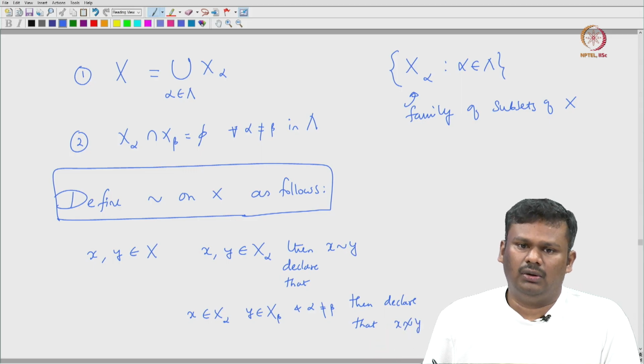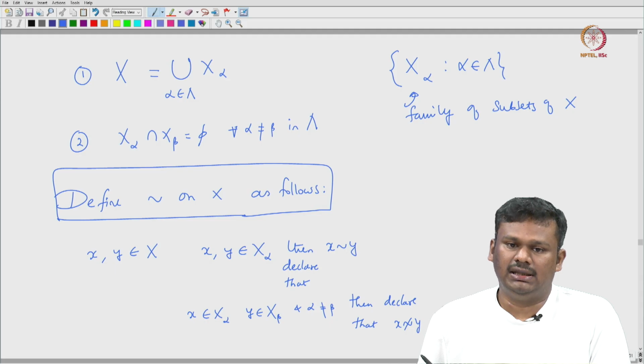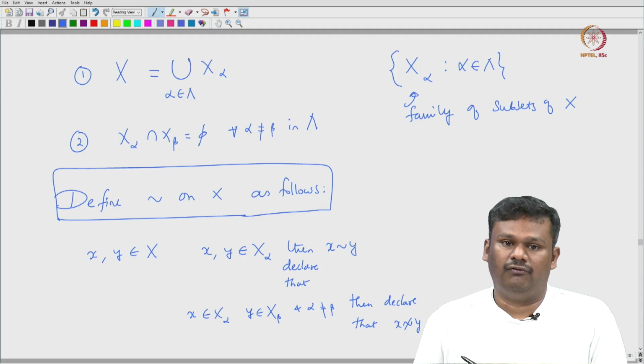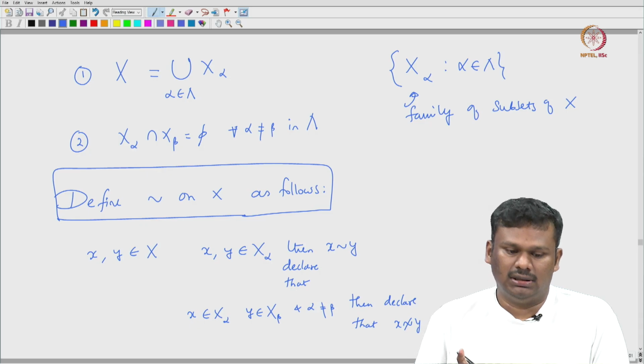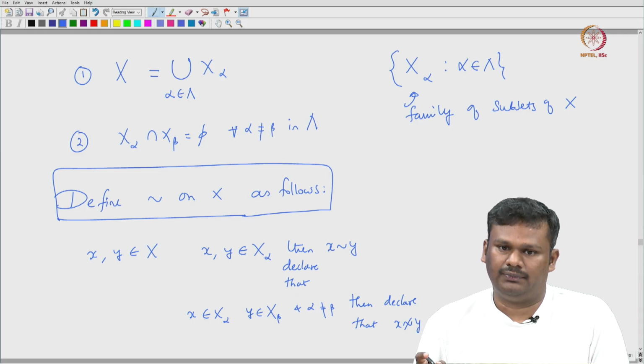Okay. Now, it is not very difficult to see this will form an equivalence relation, and not only that, given x coming from X alpha, if you look at the class of x, then that will be exactly X alpha. Okay.